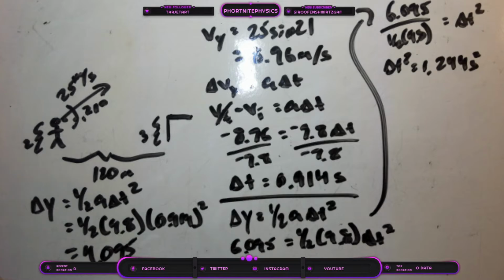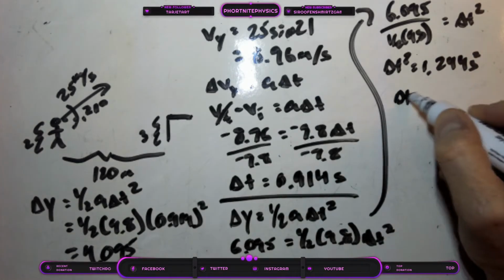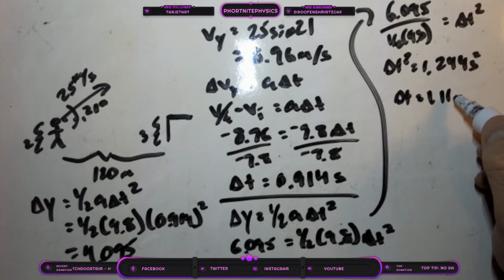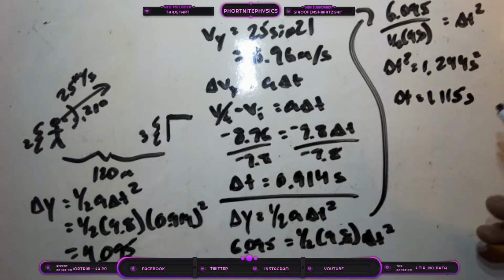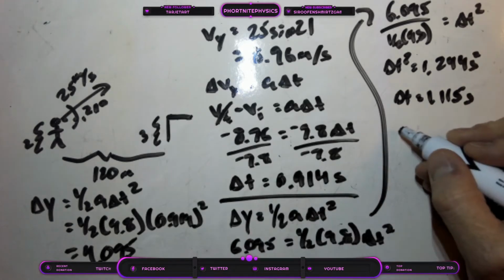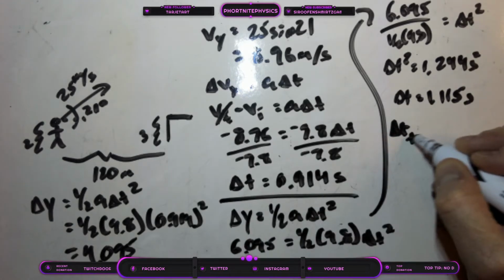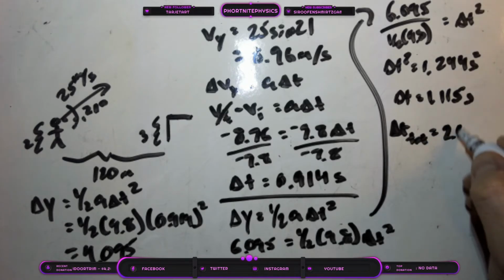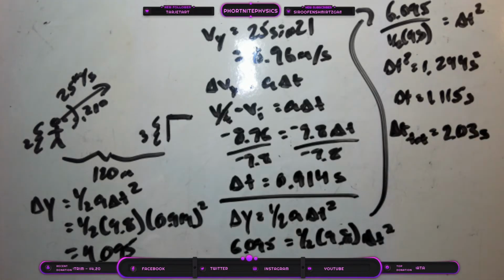Square root of both sides. Our delta t is 1.115 seconds. So our total time is this guy plus this guy, or a total time in the air of 2.03 seconds. Okay, it's not looking good, actually.